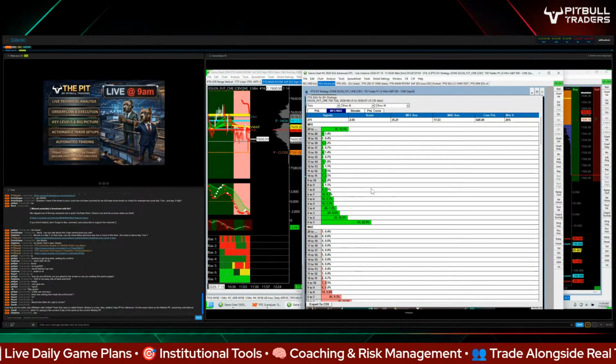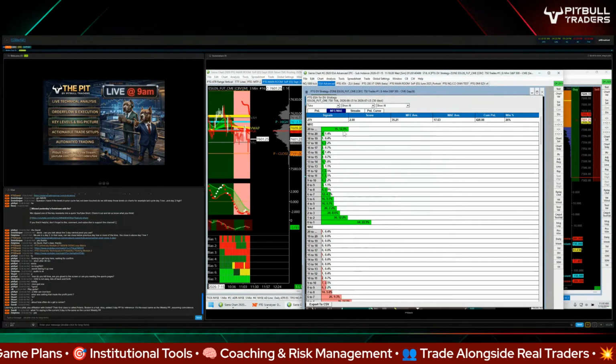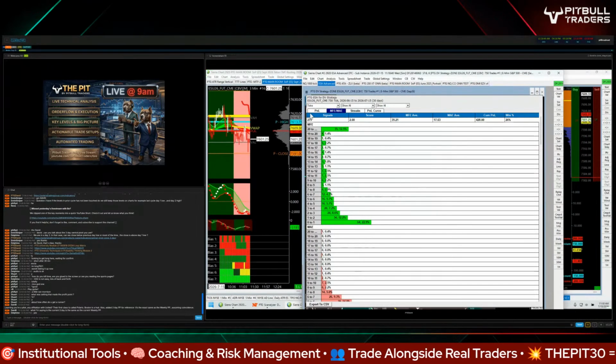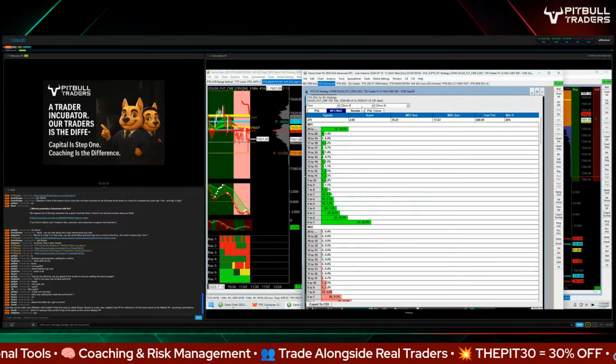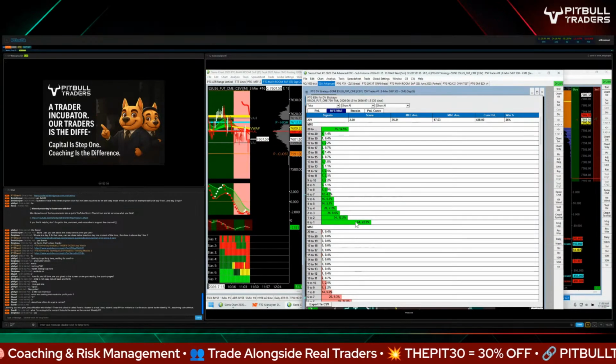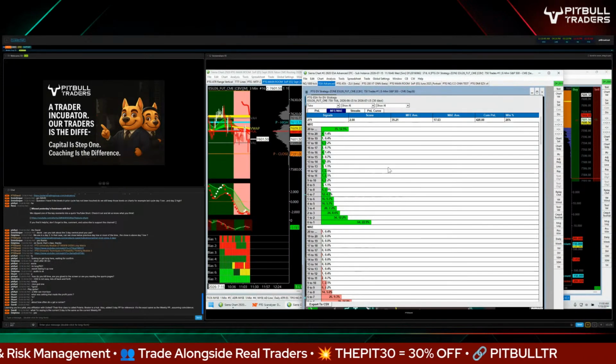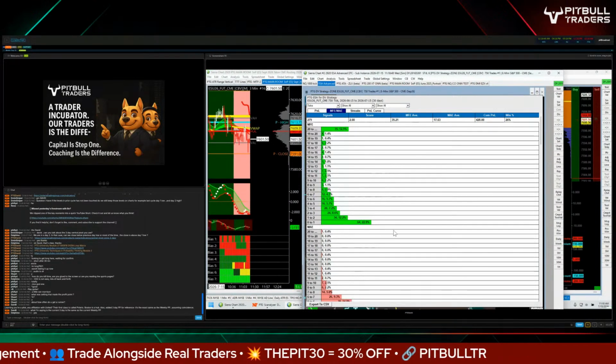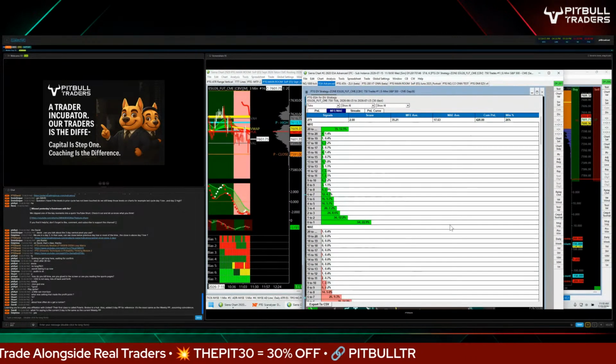Okay. So what you're seeing here is a display of a particular strategy. And what it's doing is displaying the maximum favorable excursion and the maximum adverse excursion.